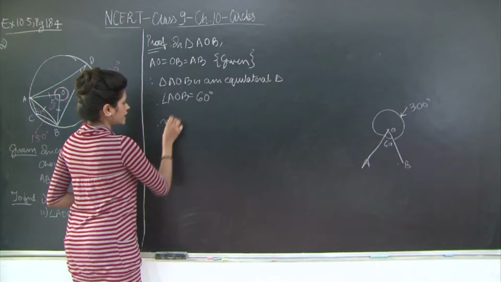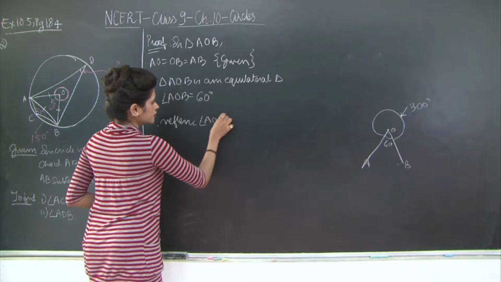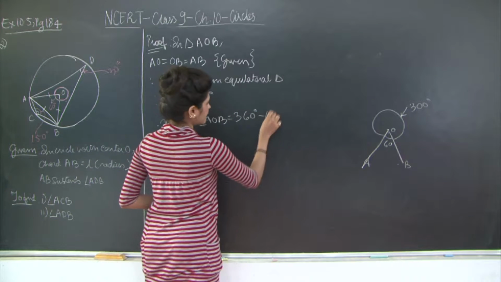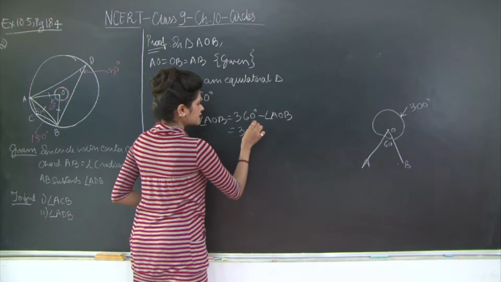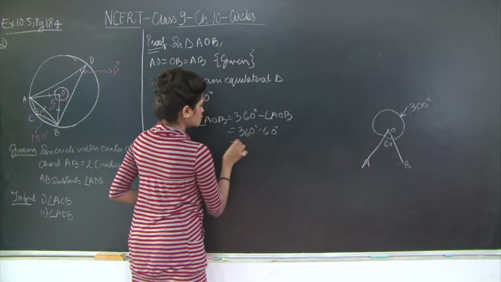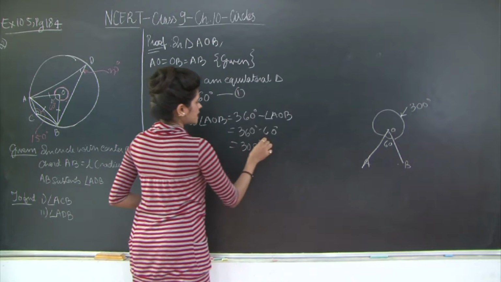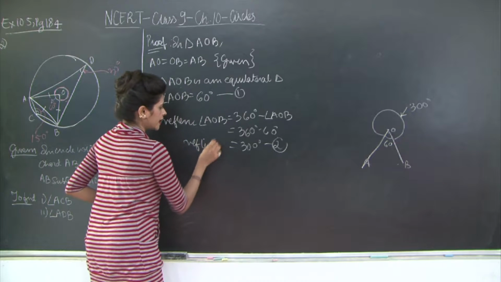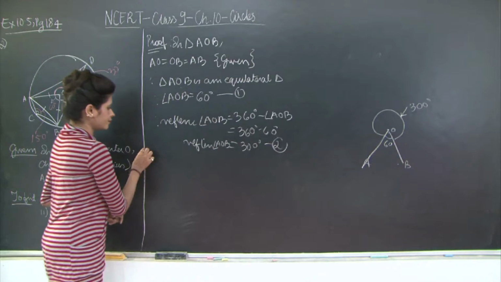Therefore, reflex angle AOB is equal to 360 degrees minus angle AOB, which is 360 degrees minus 60 degrees, which is 300 degrees. Let's mark this as 1 and this as 2. This is reflex angle AOB and this was for angle AOB.